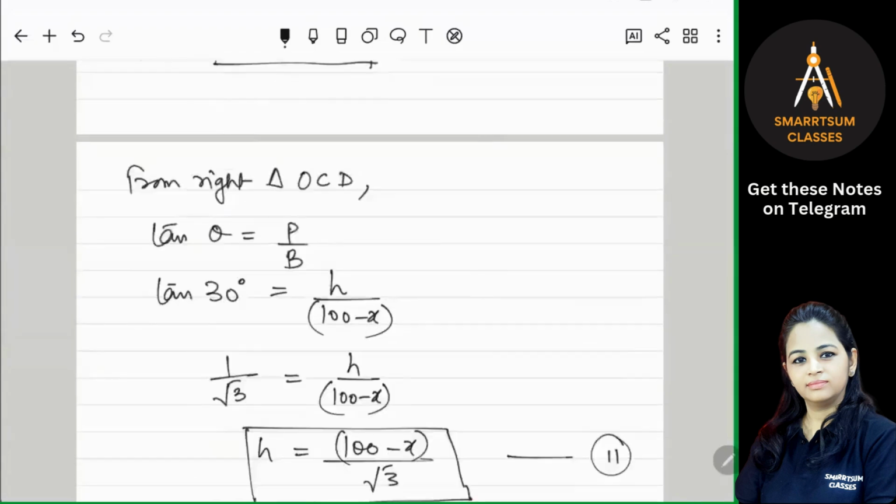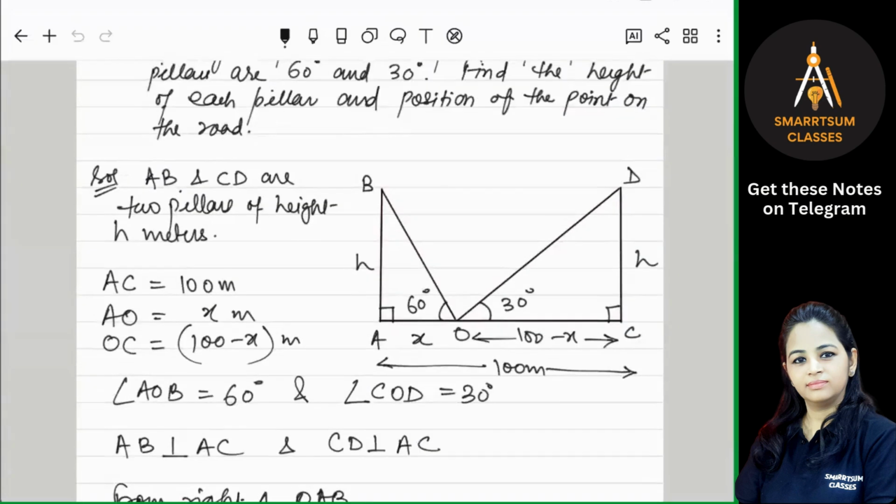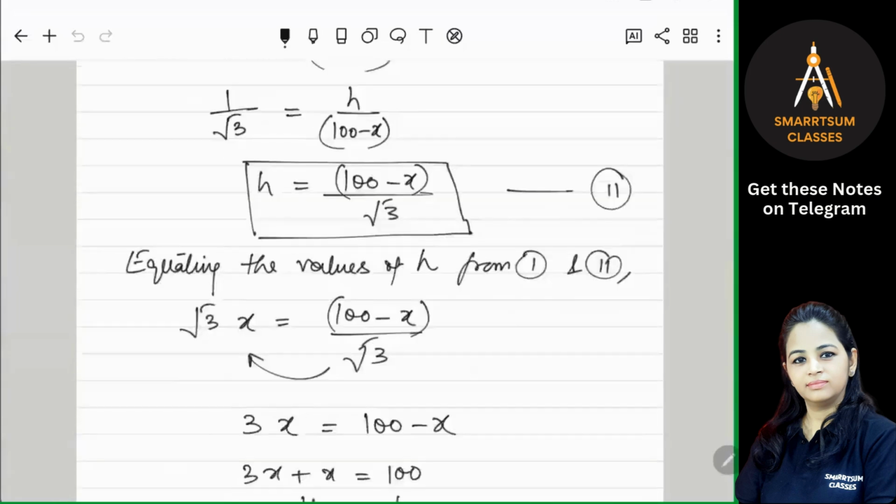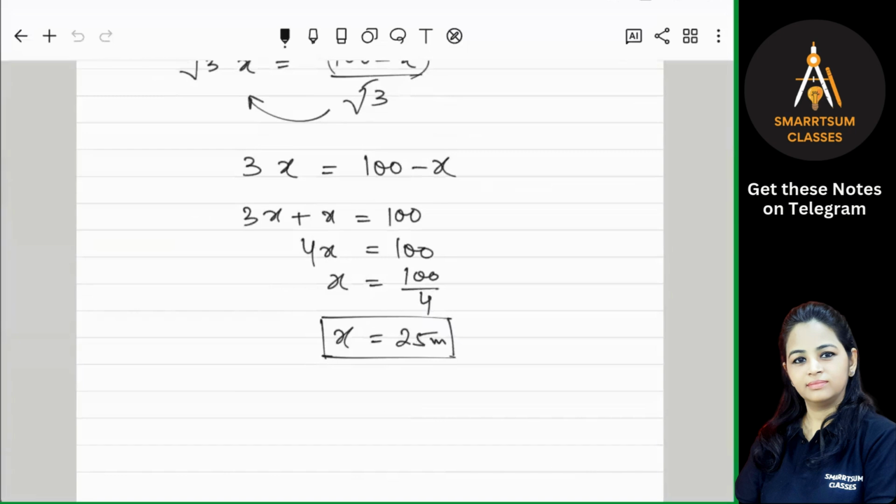In this way, we have got the value of x here. This means point O is 25 meters away from A, in between A and C. And now we can find 100 minus x also. We can also put x equal to 25 in equation number 1.